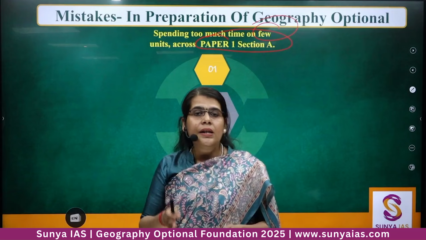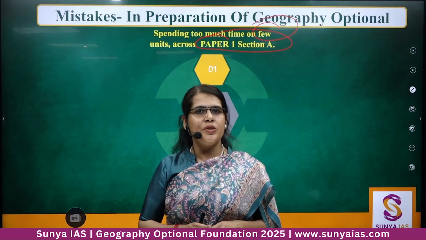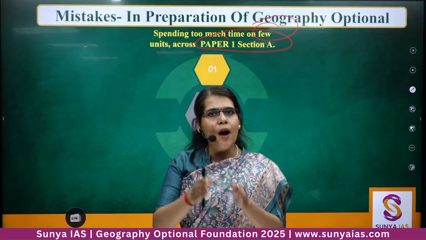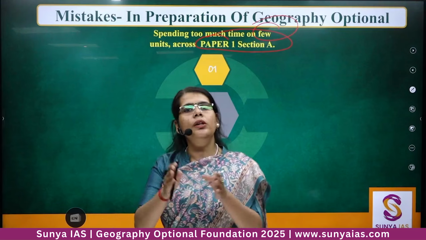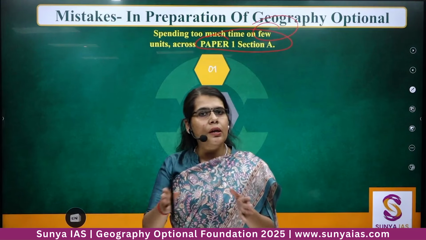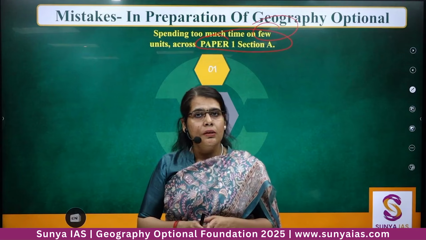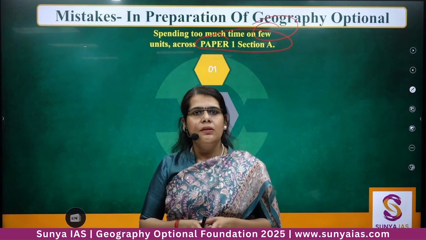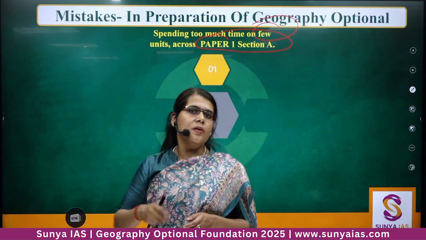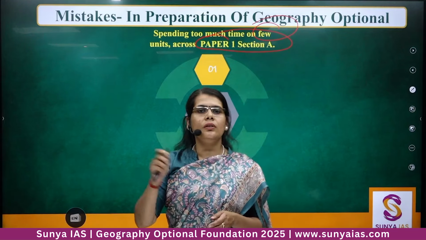Now that is the trend with most of the geography optional students, because year after year they are focusing only on 2 to 3 units, not covering the other units. Some students have left entirely the topics like economic geography, the topics like geographical thought.